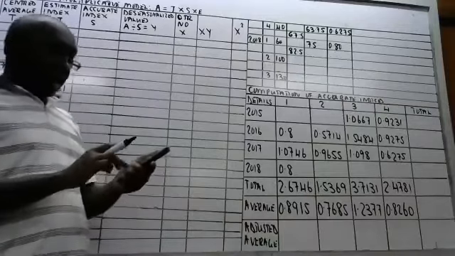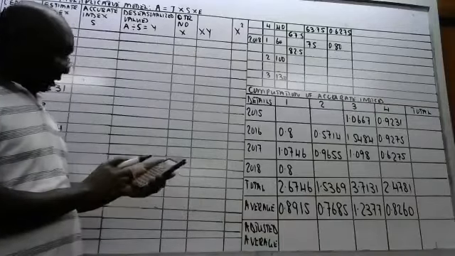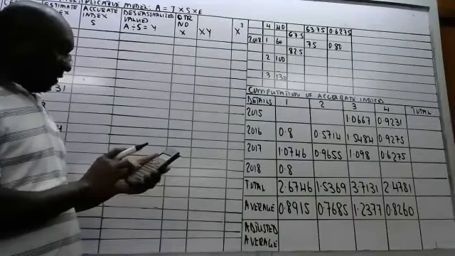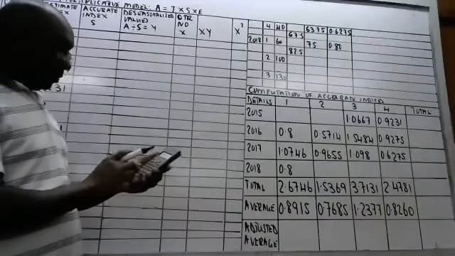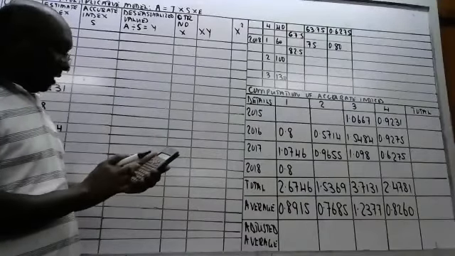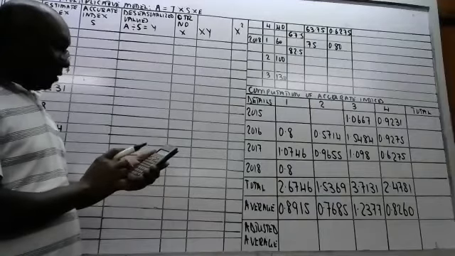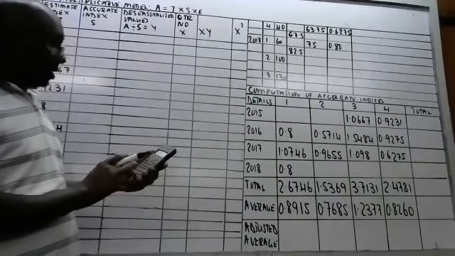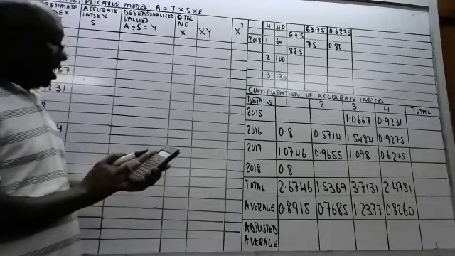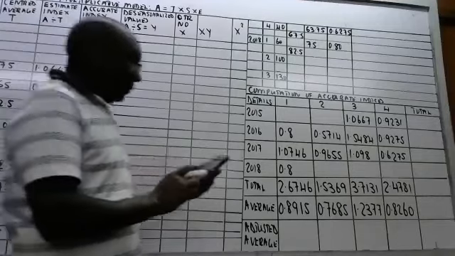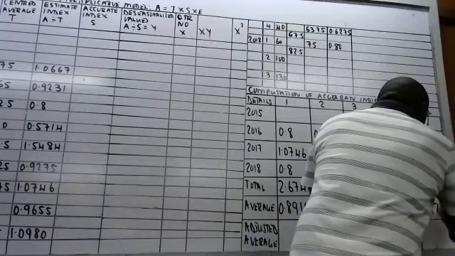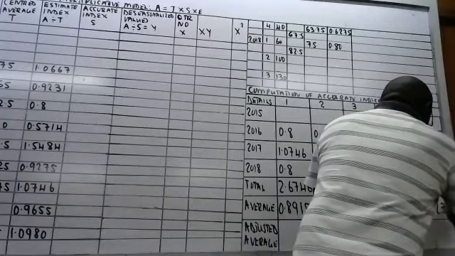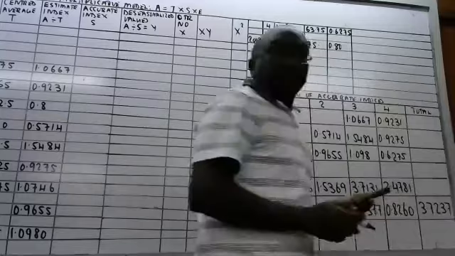Now you add those averages, 0.8915 plus 0.7685 plus 1.2377 plus 0.826. And I'm getting 3.7237.